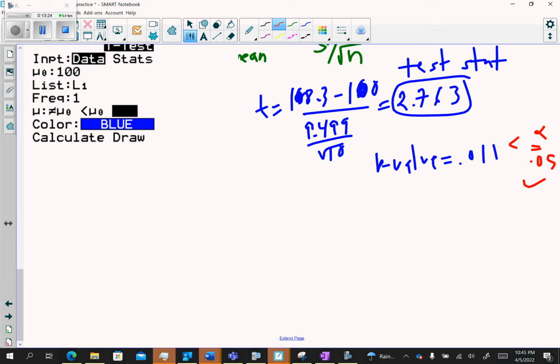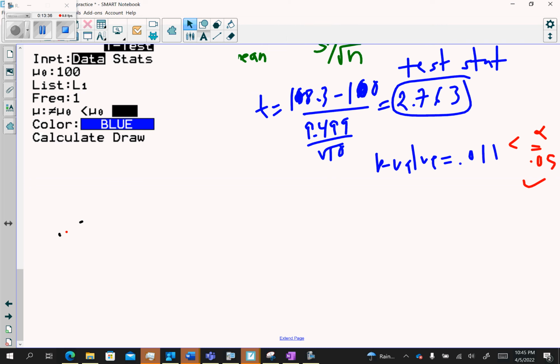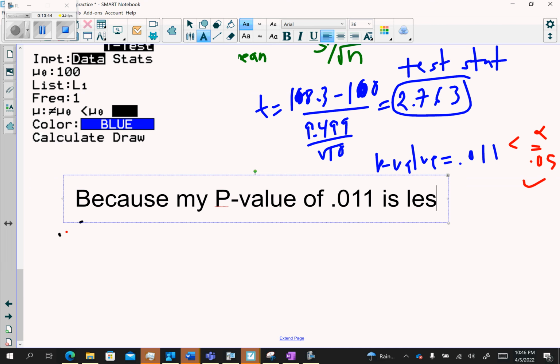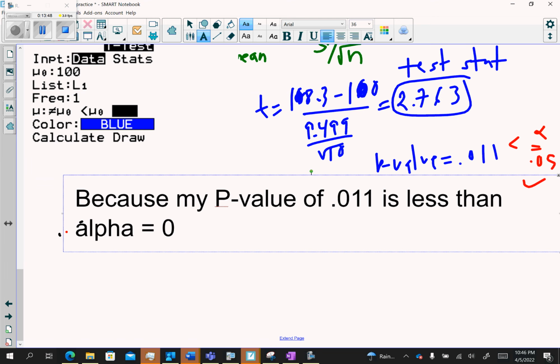So let me see if I can type this without messing up here. Let's try it. Because my p-value of 0.011 is less than alpha equals 0.05, I reject the null hypothesis.